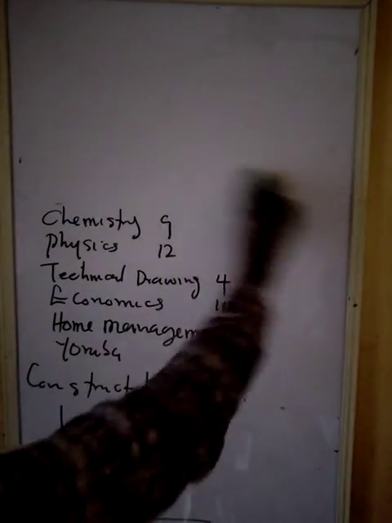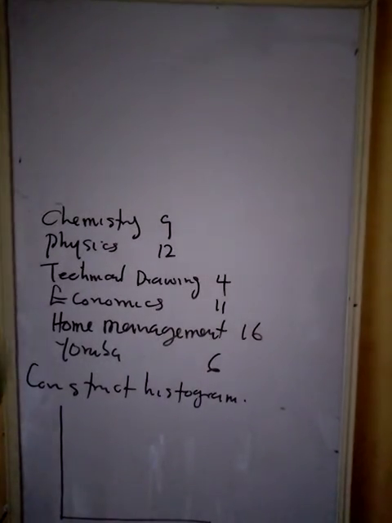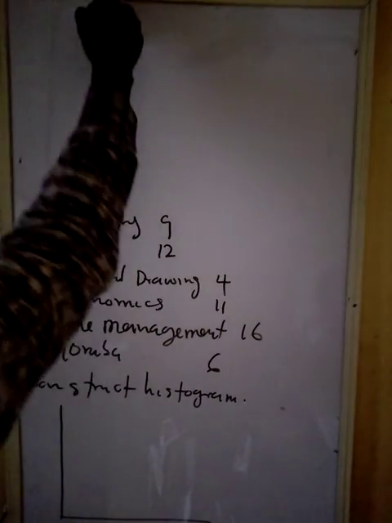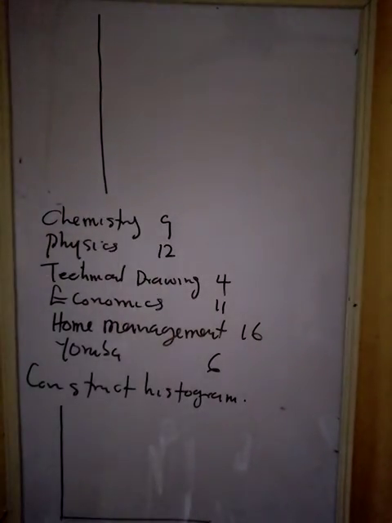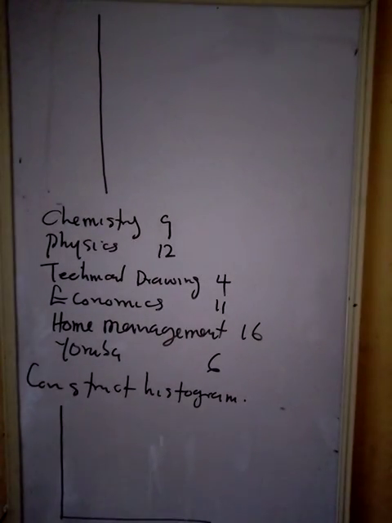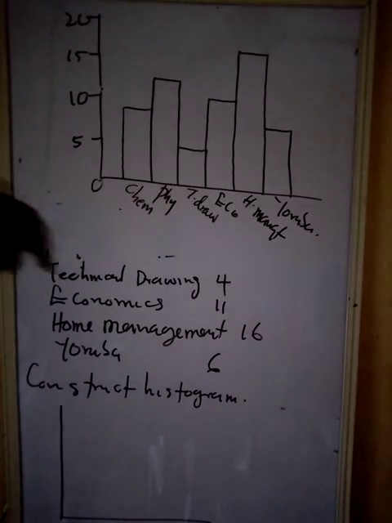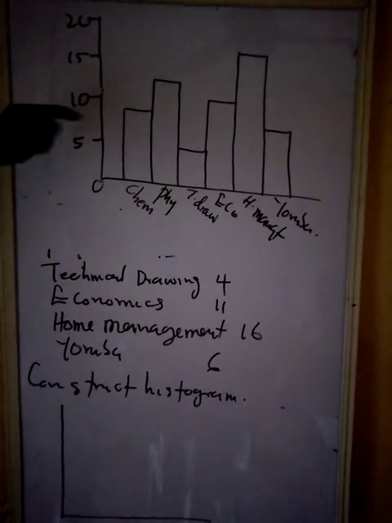So let me just clean up here. That is how we represent a histogram. The first one is chemistry. Our chemistry is 9.